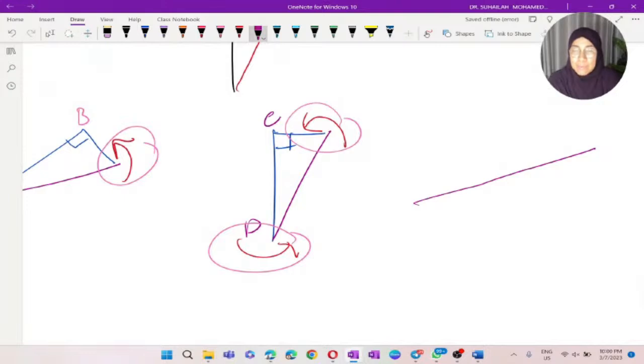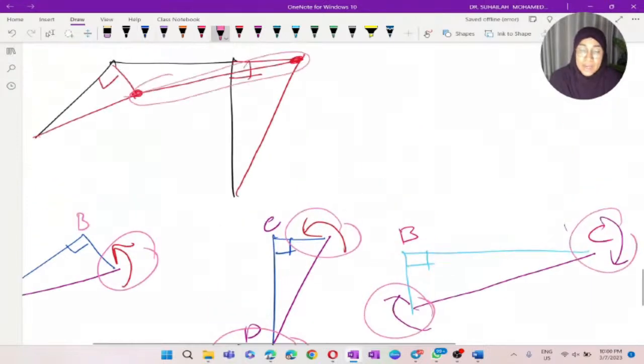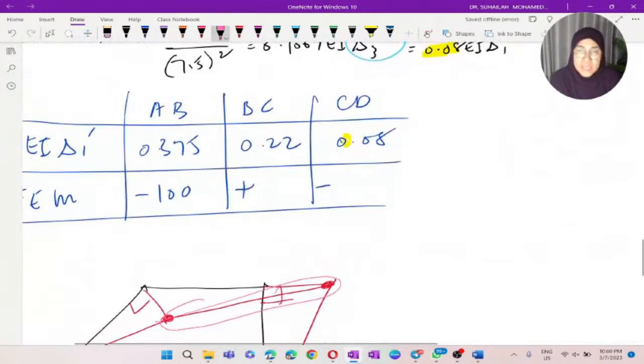So for the fixed end moment, because the original is horizontal, and this is B and C, we have to apply moment to push this point as well as this to go back to the horizontal position. So the moment that we apply is clockwise. That is why in the table for BC, it must be positive.